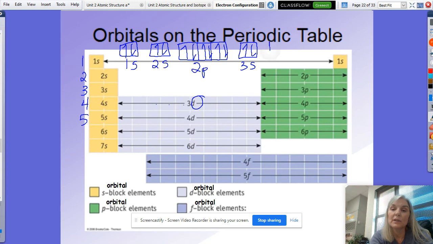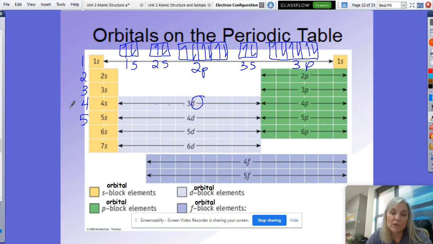So again, we put 3 boxes. And we're going to count each box. 1, 2, 3, 4, 5, 6. So 1 up, 2 up, 3 up, 4, 5, 6. So this is 3p because we're in the p orbital.